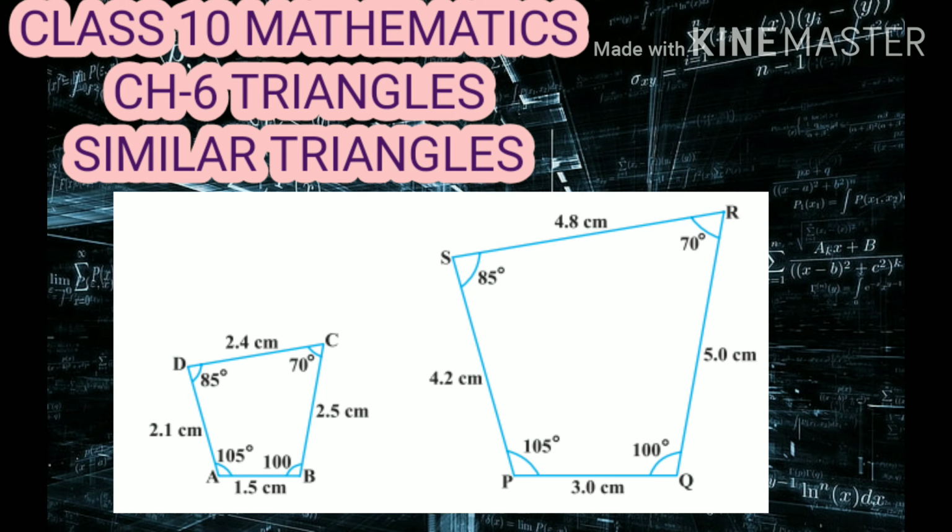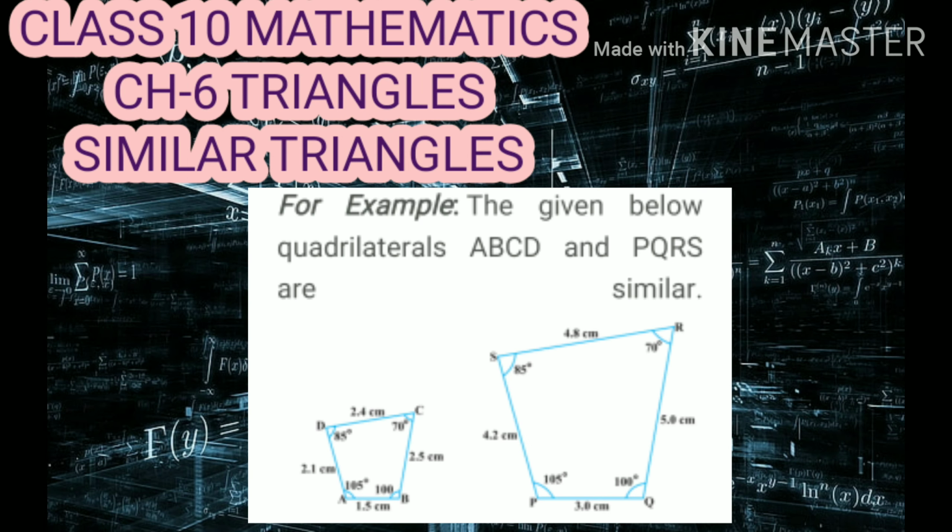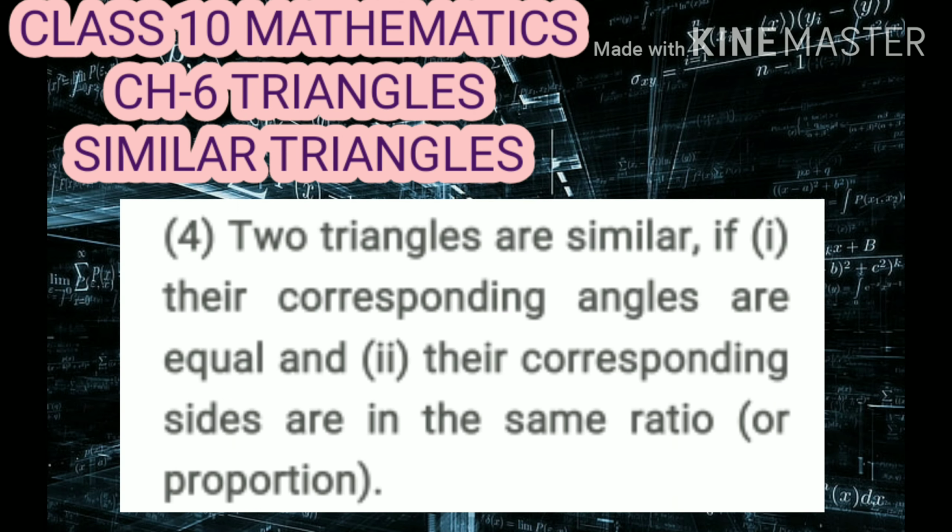So children, it's clear that both the quadrilaterals have corresponding angles of the same measurement, and the ratio of their corresponding sides are proportional, or you can say the ratio of corresponding sides are equal. Hence, both the quadrilaterals are similar.